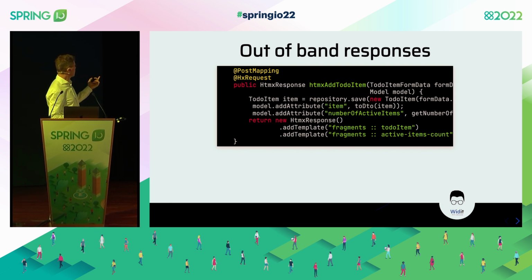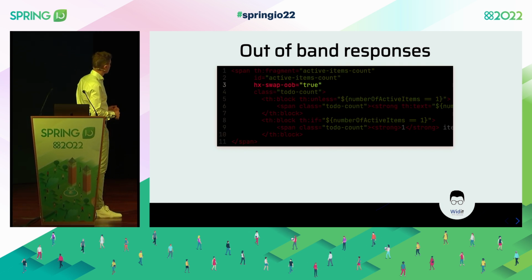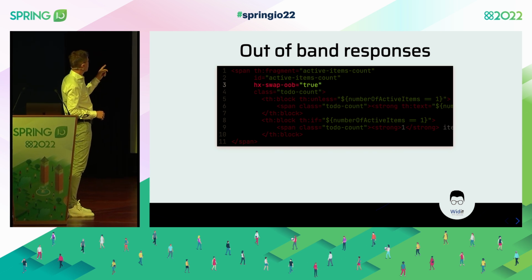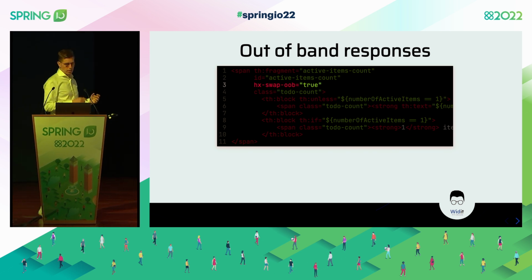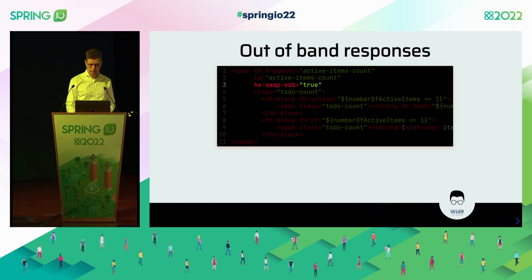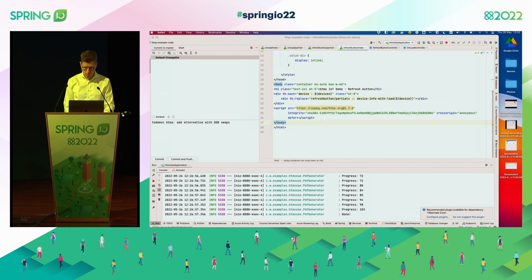You just return a new HtmxResponse, and you add both of the templates. Only in the out-of-band case, you add hx-swap-oob="true", and then htmx will match the IDs and update that. I also have a demo on that.